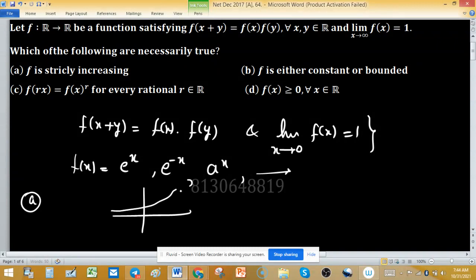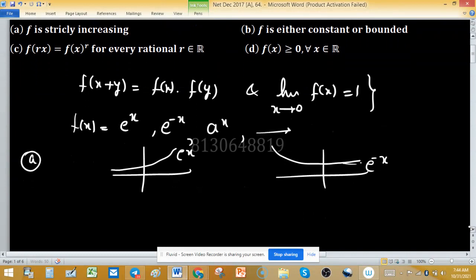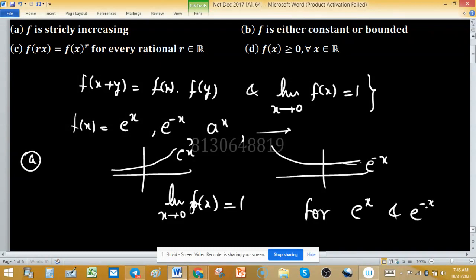This is the graph of e raised to the power x, and this is the graph of e raised to the power minus x. You can make a proper graph when the limit as x tends to 0 of f(x) equals 1, for e raised to the power x and e raised to the power minus x.